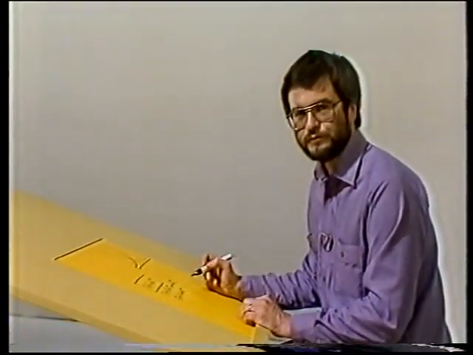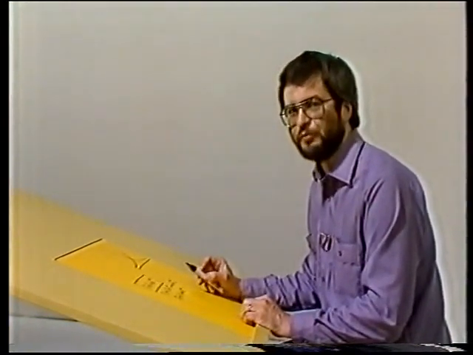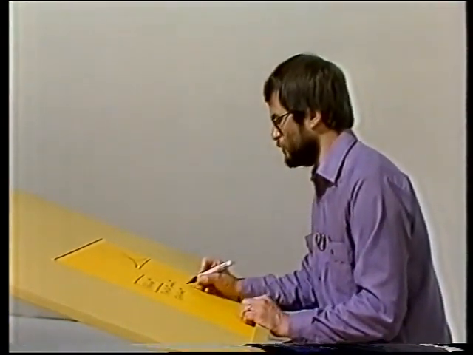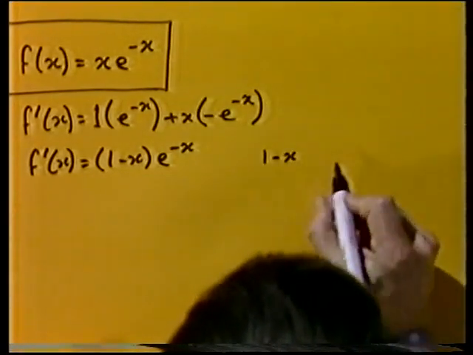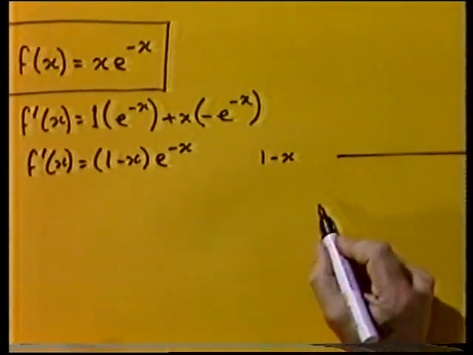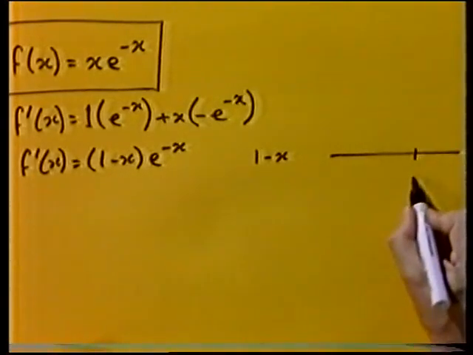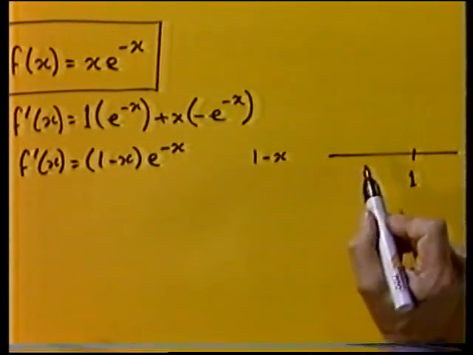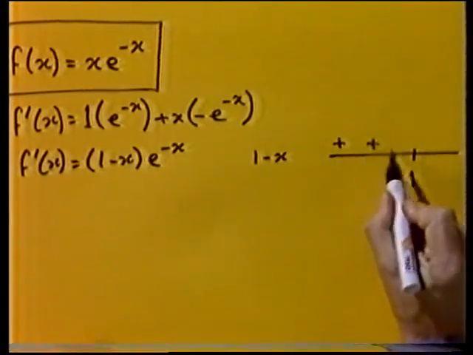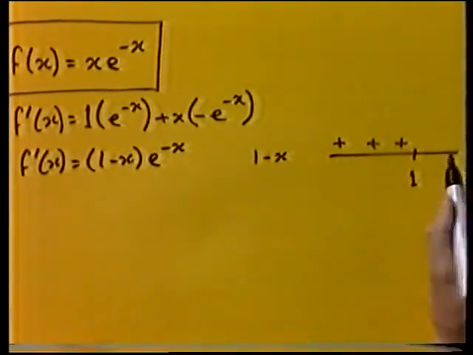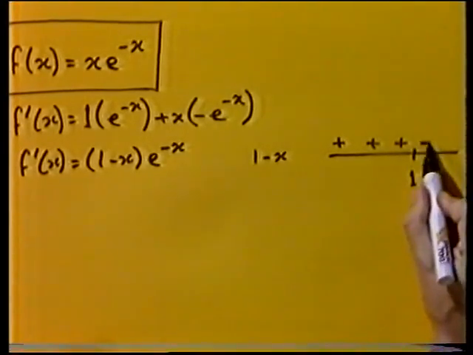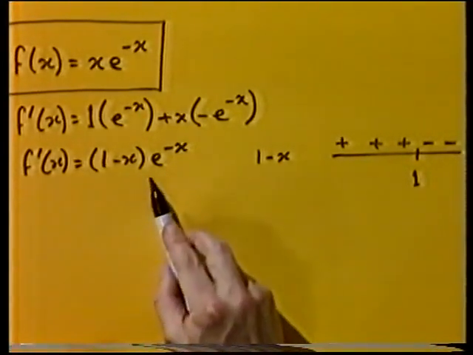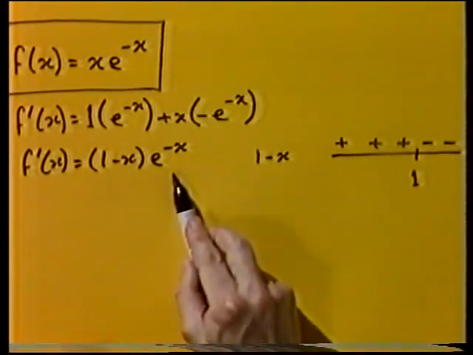Now what? Well, let's look at the sign of f prime using sign diagrams. First, 1 minus x. That's 0 when x equals 1. If x is less than 1, 1 minus x is positive. And if x is greater than 1, it's negative. Now the other part of f prime is this e to the minus x term.